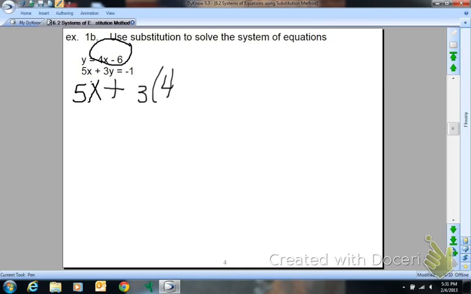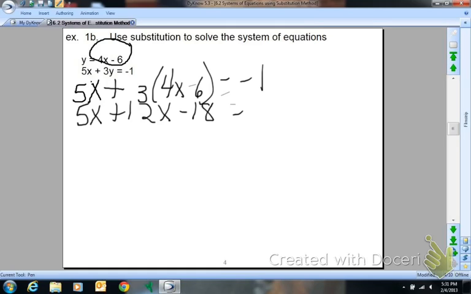What are we plugging in for y? 4x minus 6 is equal to negative 1. So that's 17x minus 18 is equal to negative 1.